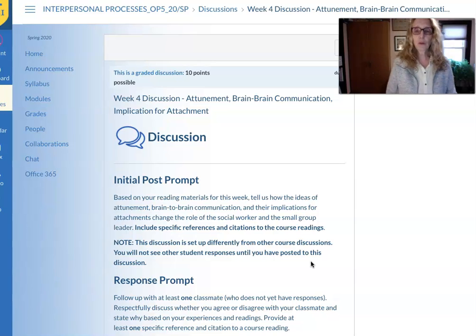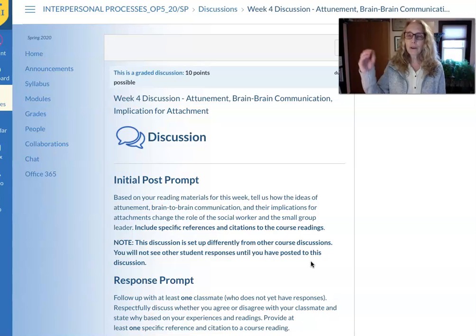One has to do with attunement and brain-to-brain communication and implications for attachment. So attachment is our ability to relate to somebody else. But how does that all happen? If we're not really paying attention to somebody, it's really hard to attach to them.